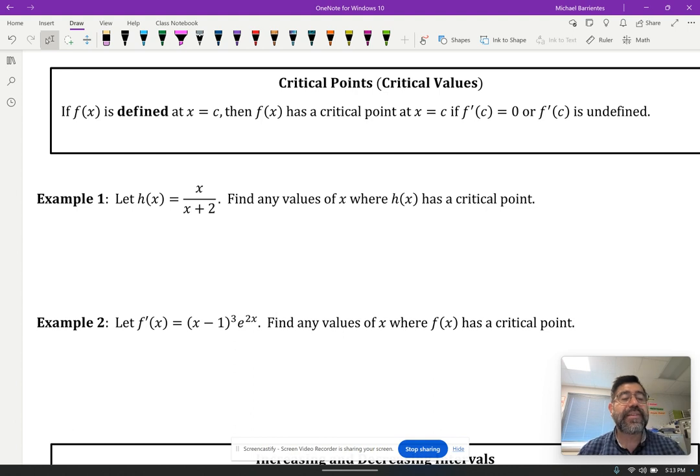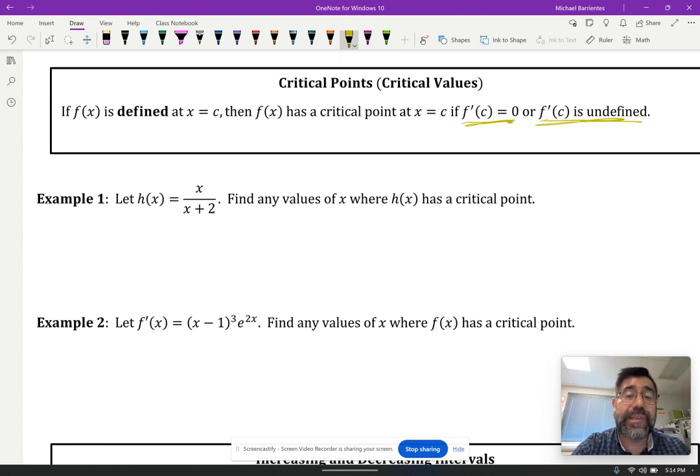So if f of x is defined at x equals c, so we know that f of x exists at this point c, then f of x has a critical point at x equals c if the derivative at c is equal to 0 or the derivative at c is undefined. So a critical point is an x value that makes the derivative equal to 0 or makes the derivative undefined.